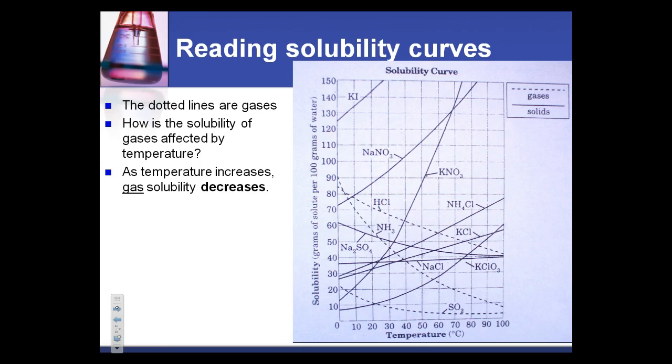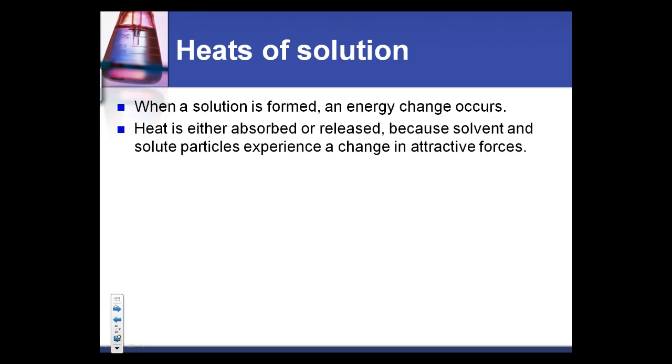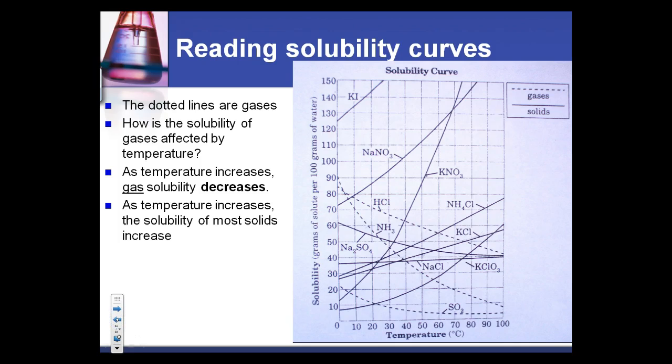And you're going to look for the ones that as temperature increases, their solubility decreases. Now, as temperature increases, like we talked about a minute ago, the solubility of most solids increases, and you can see that from this graph. Okay, I'm going to stop there, and we'll pick this up in the next video cast.